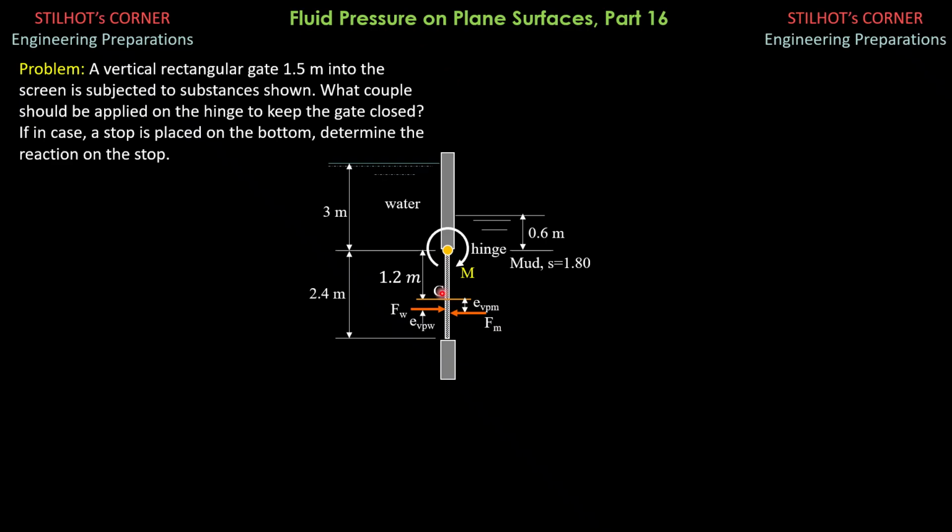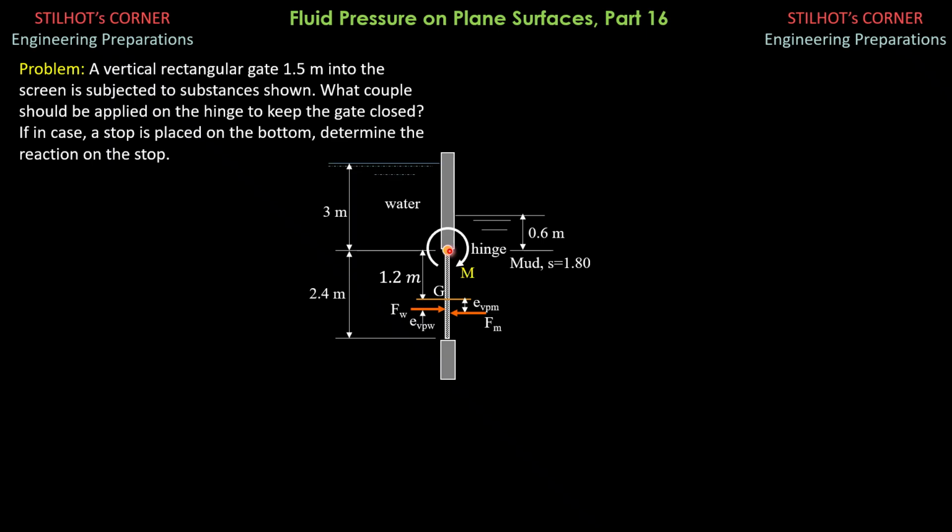And since we expect that the force pushing the gate rightward is greater than the force F sub m, force due to the mud to the left, the moment should be directed clockwise as shown in the figure.